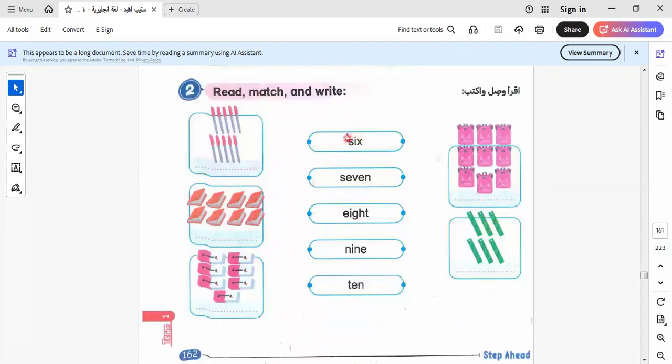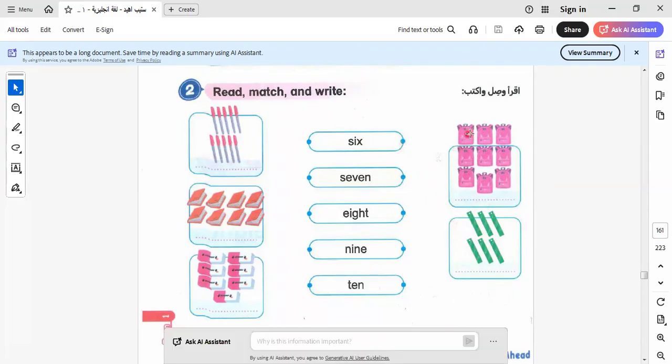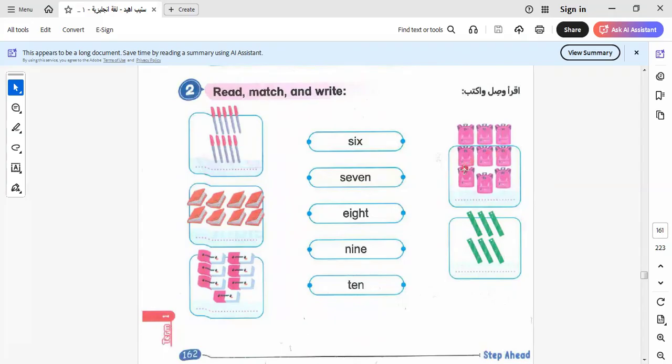I can count 6 here, so I select the suitable number for the suitable picture: 1, 2, 3, 4, 5, 6. So here it will be number 6. This one, I can count 1, 2, 3, 4, 5, 6, 7, 8, 9, so I select 9.